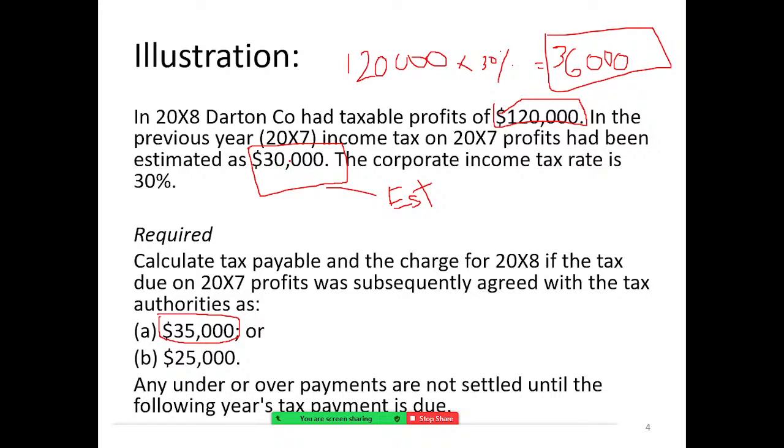Here is a profit, right? Estimated profit is 30,000, but actual is 35,000. Then over provision or under provision?